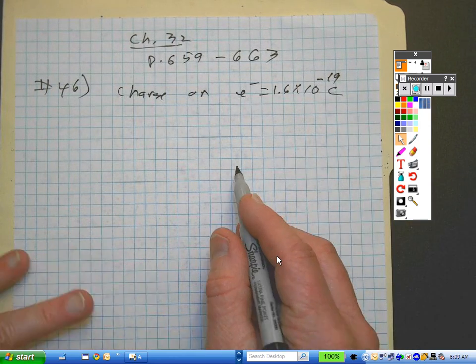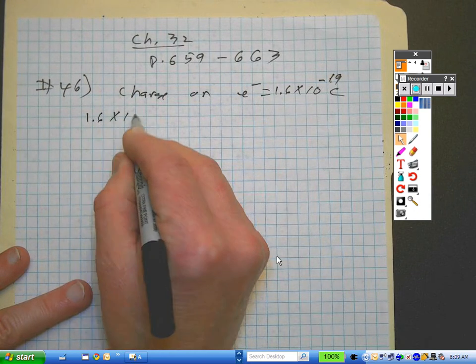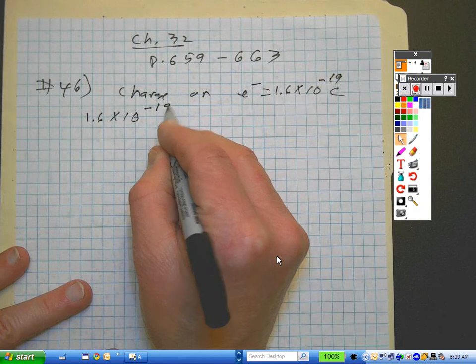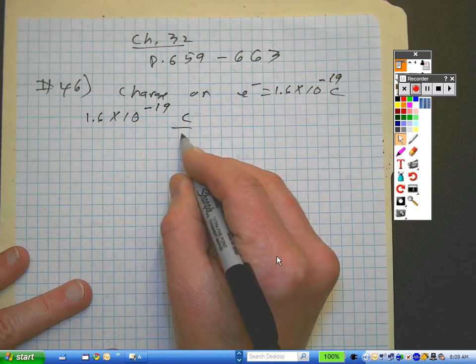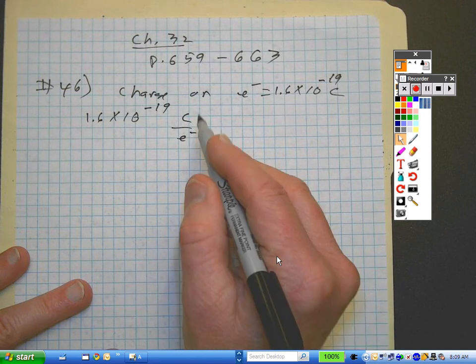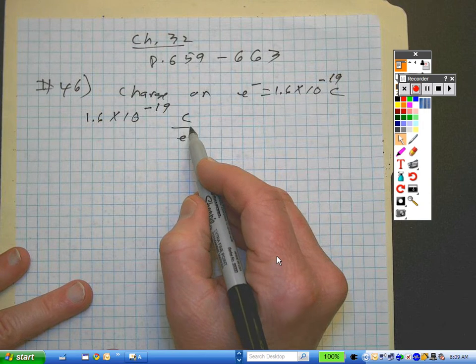So one way to write that is 1.6 times 10 to the minus 19th coulomb per electron. Now, it's really nice to have this as a unit. Remember, we can tell how to solve a lot of problems just by looking at the units.